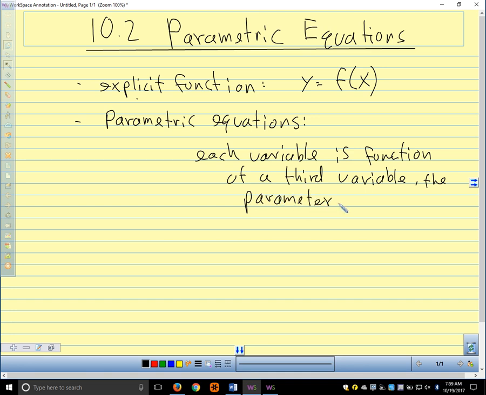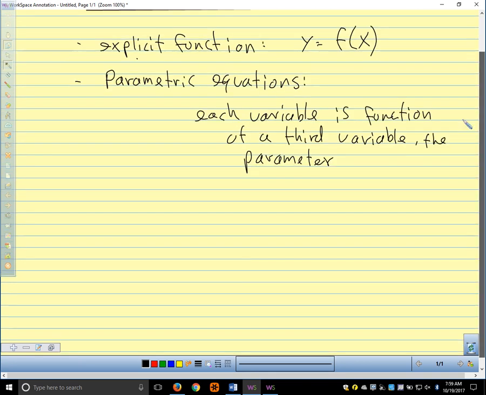Probably the most common parameter for what you've done in the past is time. So what we have is something like x equals f of t and y equals g of t.